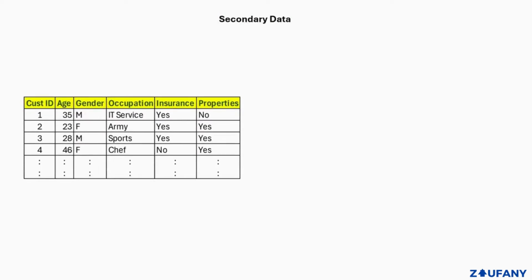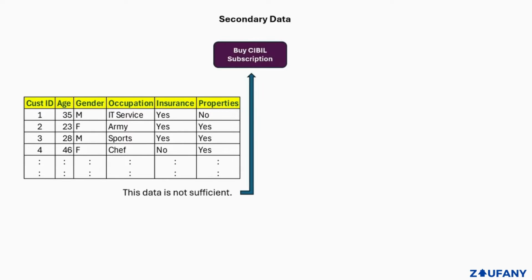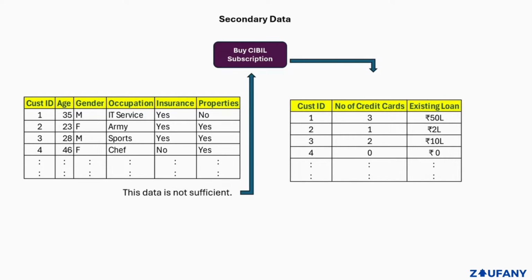In our previous example, it may not be possible to get a clear picture of loan eligibility with just the data collected from the applicants. So, we opt to buy a CIBIL report that contains existing loan details, number of credit cards owned by the individual applicants. This data is collected and consolidated by CIBIL.